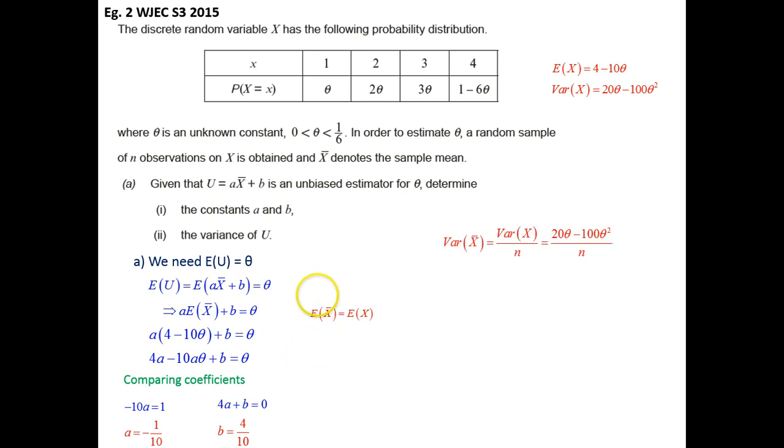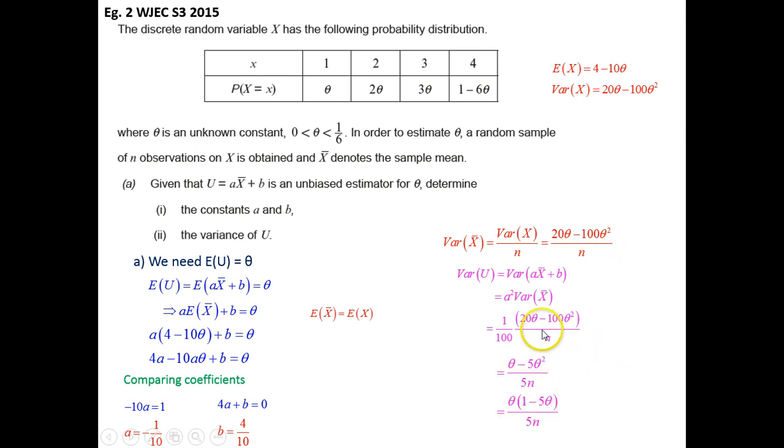Our variance for x bar, we remember that the variance of x bar is the variance of x over n. So there's the variance of x divided by n. So the variance of U would be a squared now times the variance of x bar. So it's a squared, which will be 1 over 100, times the variance of x bar, which is this.